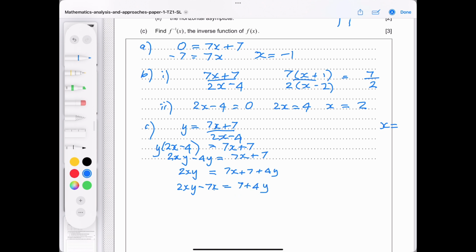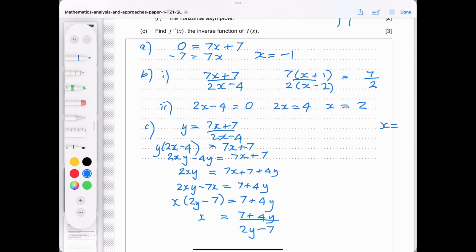Let's take y out of this, so let's factorise y out. y(2x minus 7) equals 7 plus 4x. And let's just divide through by 2x minus 7, and that will give us our answer.